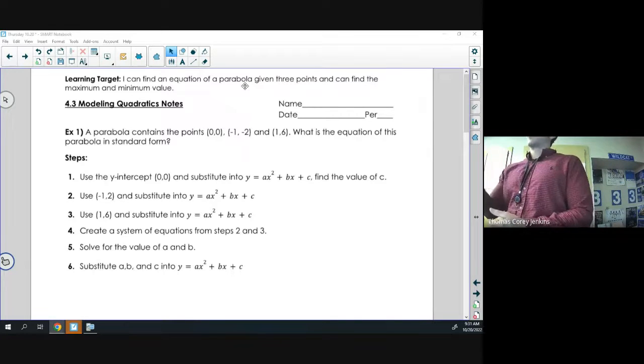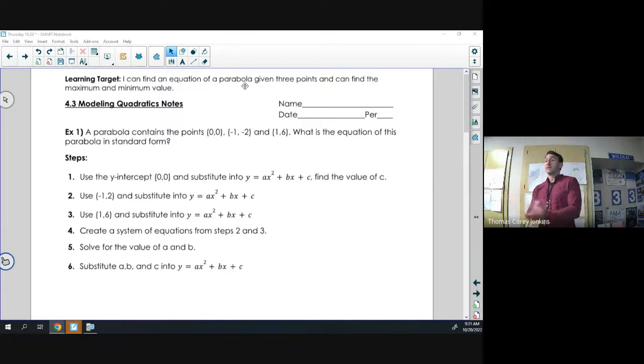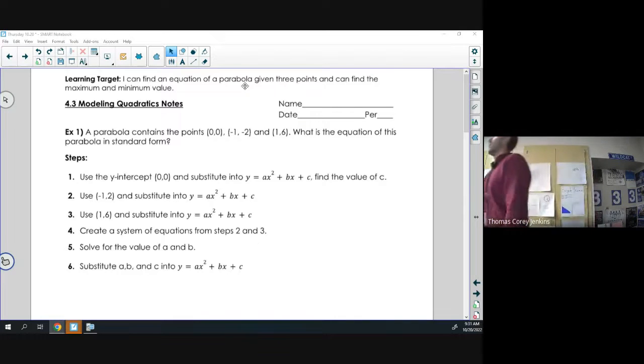We are going to be given 3 points, and it wants us to give the equation in standard form that produces those 3 points. We have done a similar problem to this. In 4.1, we used vertex form, where we could use a vertex and any other point to produce an equation.